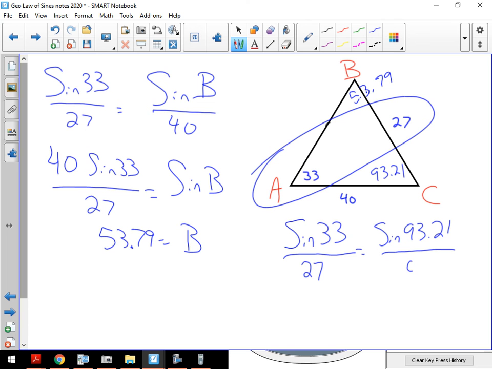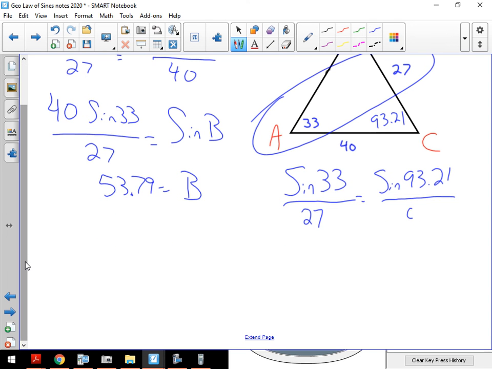There's a lot of crummy decimals with this stuff, guys. That's the only downfall with these things. It does not give you very clean numbers more often than not. So once again, moving our stuff around, we would wind up with little c would be 27 sine of 93.21 over the sine of 33.